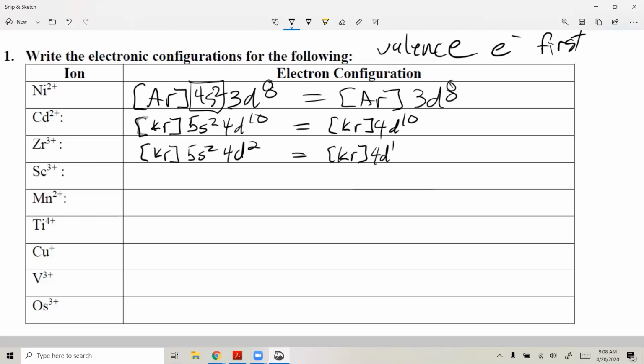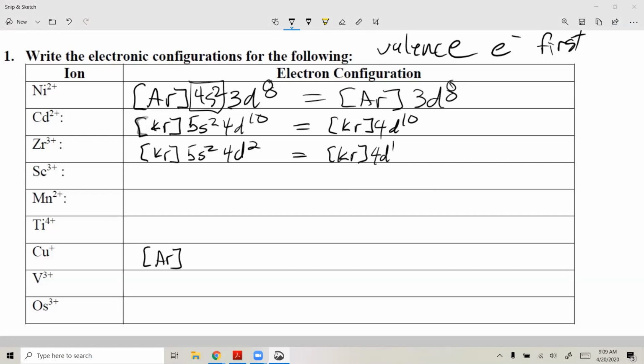Now the tricky part about our copper is copper starts off with an irregular electron configuration. Does anyone know what copper's electron configuration should be? So as we're going through these electron configurations, what should it be for our copper?